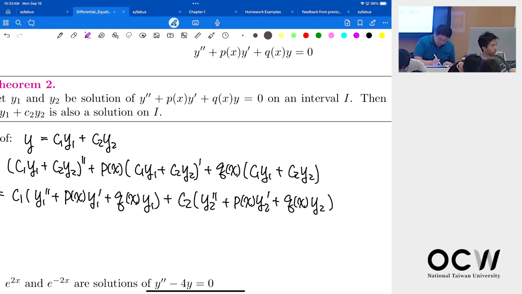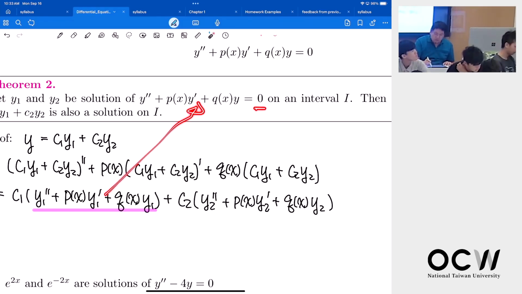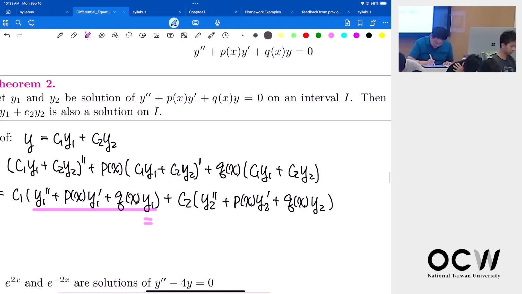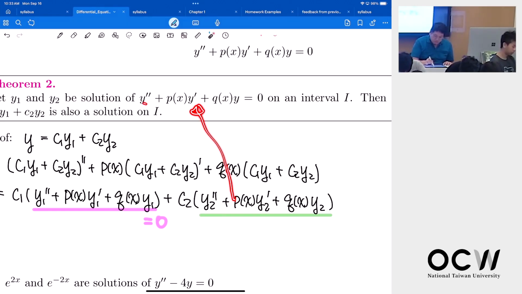Okay, so the first term is zero, right? The second term also equals 0.